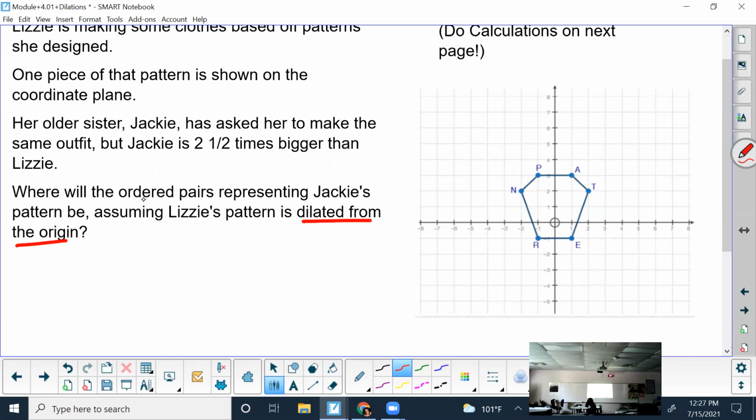So that's the rule that we used earlier. xy becomes kx, comma, ky, where k is the scale factor. Now, do we know the scale factor in this one?